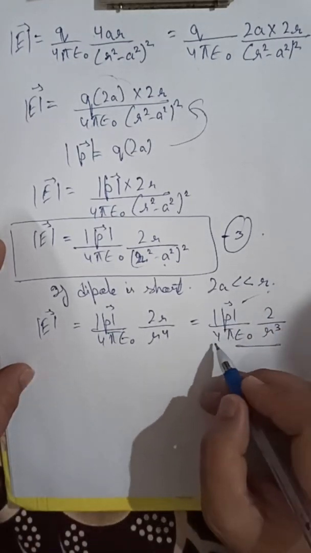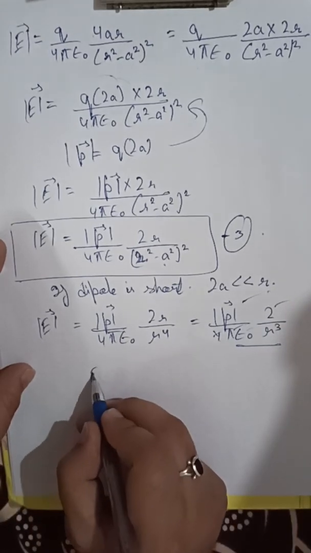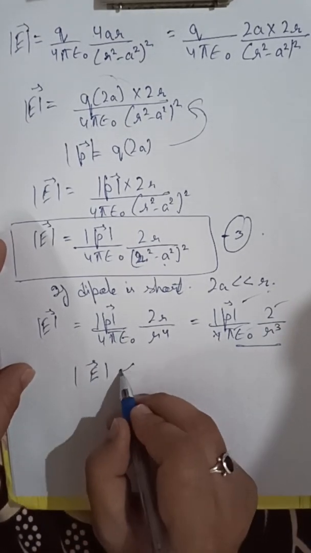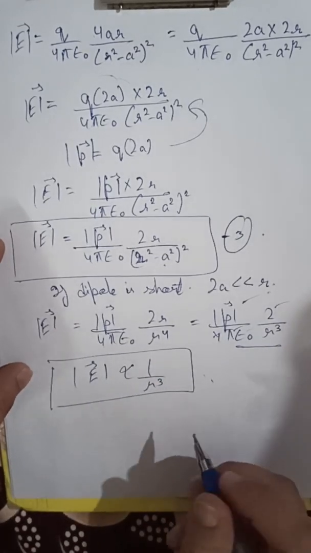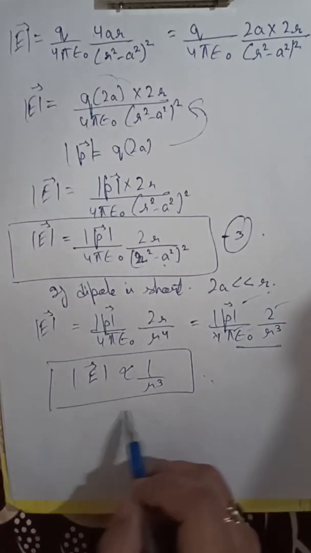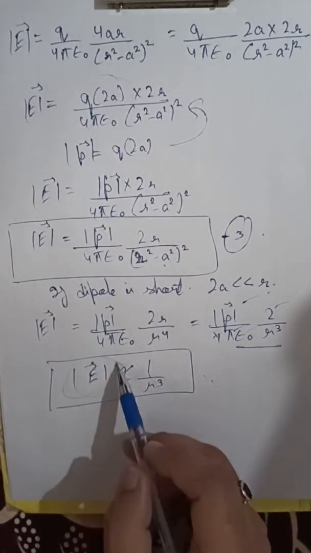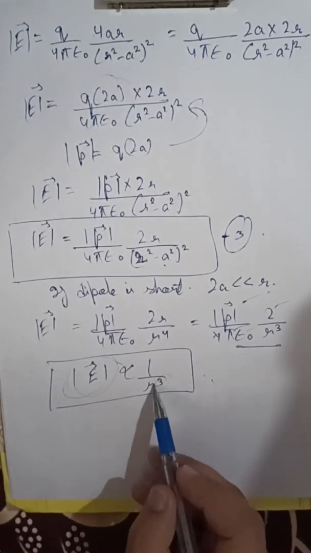As this is constant, this is constant, and this is constant, we can say that if we go on increasing the distance from the dipole, the electric field strength will keep decreasing drastically by a factor of 3.